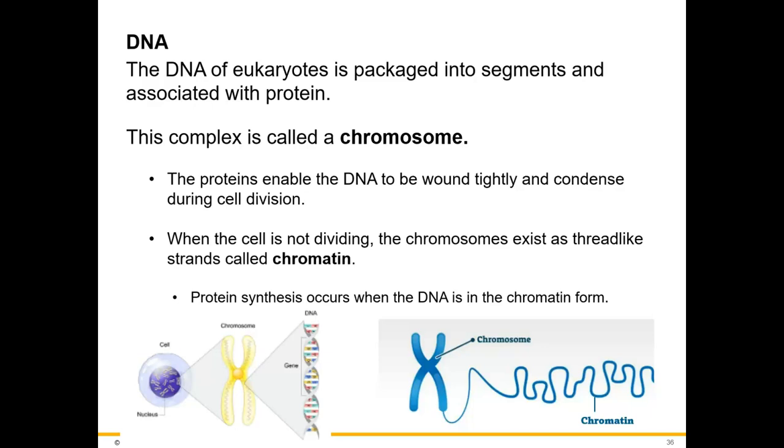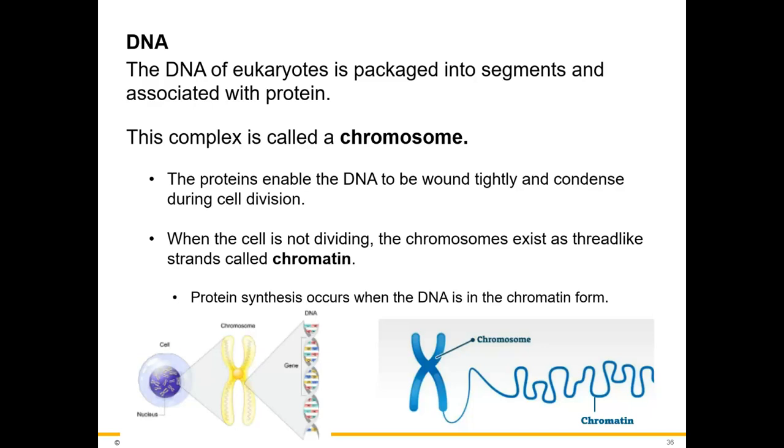So you can imagine if we're trying to split a cell in half and end up with the right amount of DNA in the two daughter cells that we've created, we need to have an organization to that DNA. Otherwise, one of the daughter cells could end up with 3/4 of the DNA, while the other daughter cell gets 1/4 of the DNA. So we need an even split, and having organized DNA is what makes that possible.